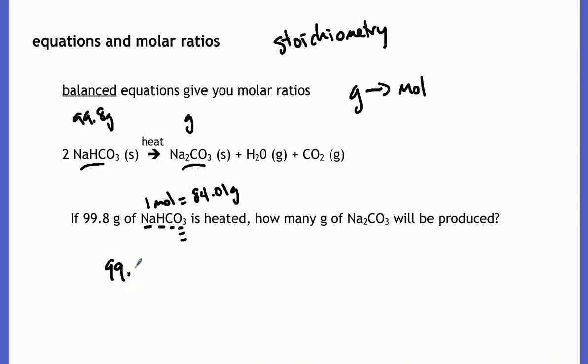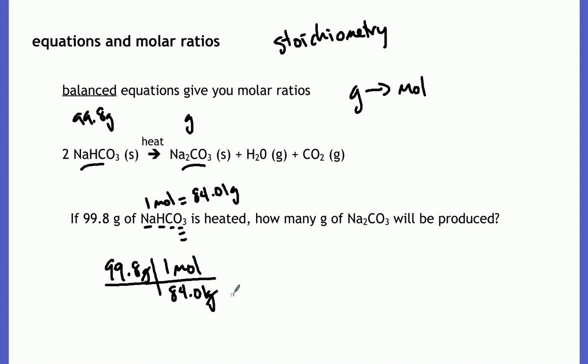So I start out with 99.8 grams in my railroad tracks, and I'm going to divide by 84.01 grams to give me an answer in moles, because 1 mole is equal to 84.01 grams. So I should be able to cancel out grams here.